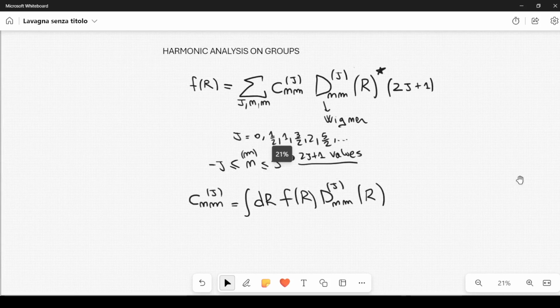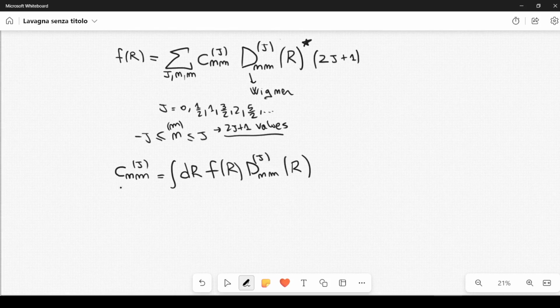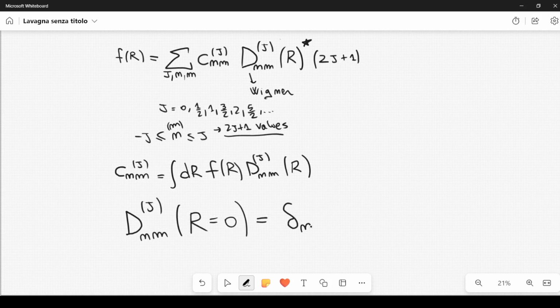And now let me give you some interesting formulas. In particular, if we consider D^j_nm, and we set the rotation equal to 0, it is quite intuitive that we must obtain the Kronecker delta nm here. Why is that? Because these Wigner matrices are representations of a rotation, and the rotation depends on R, on the group.